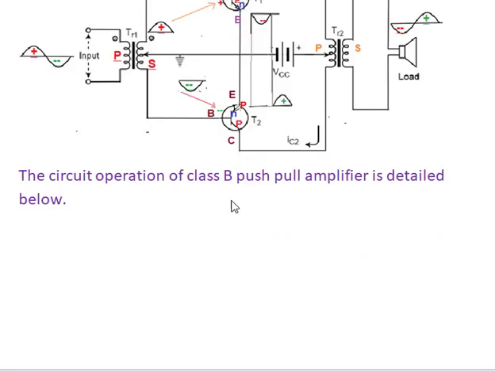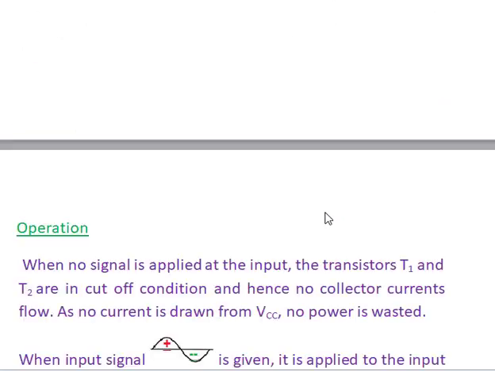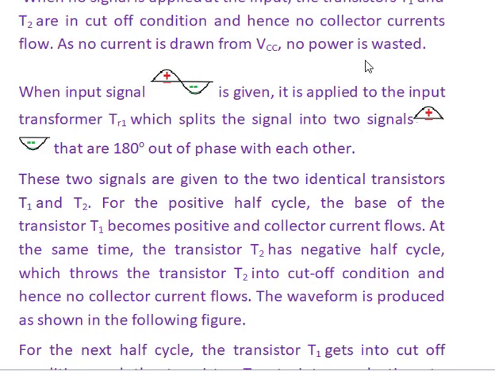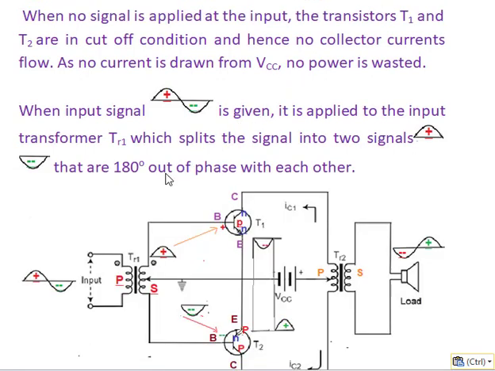The circuit operation of the Class B amplifier is given below. When no signal is applied at the input, the input voltage is 0, so the base of transistor T1 and the base of transistor T2 get 0 voltage.